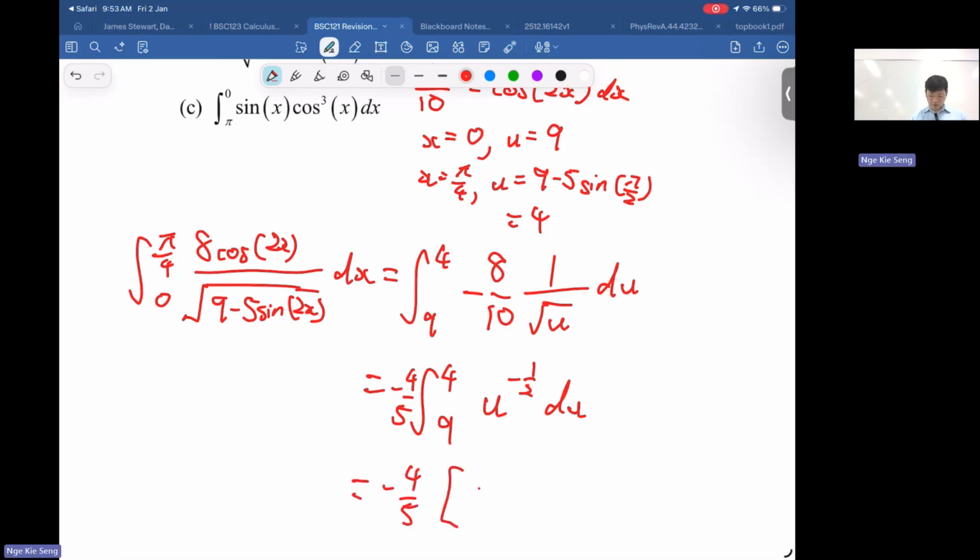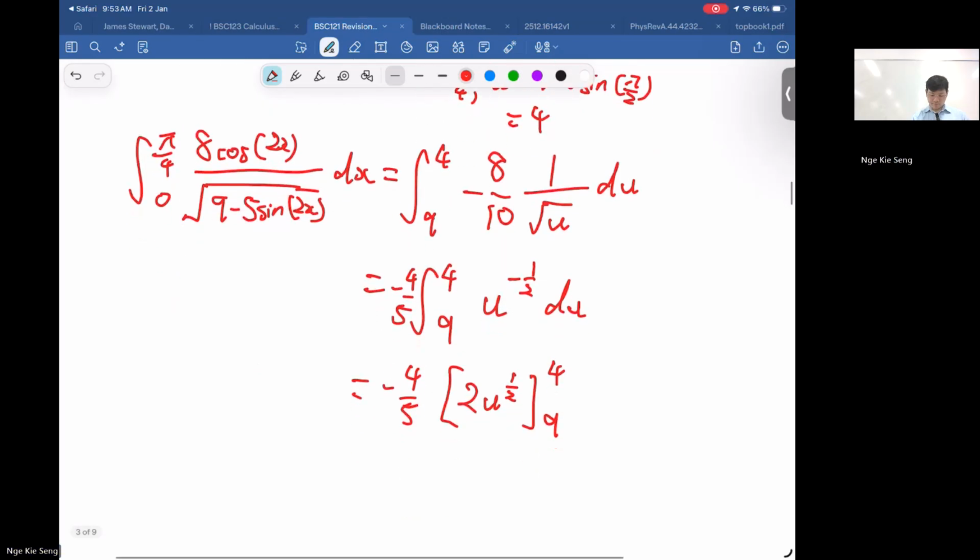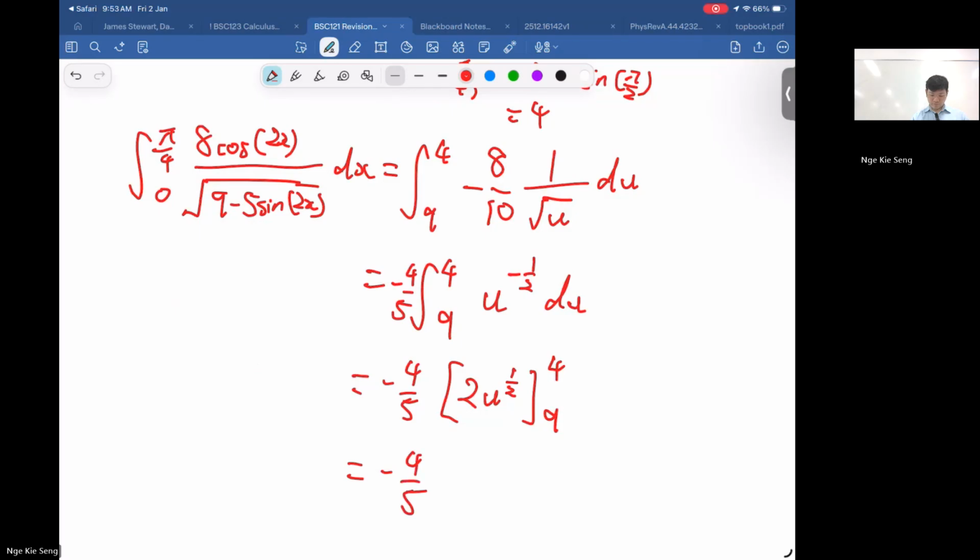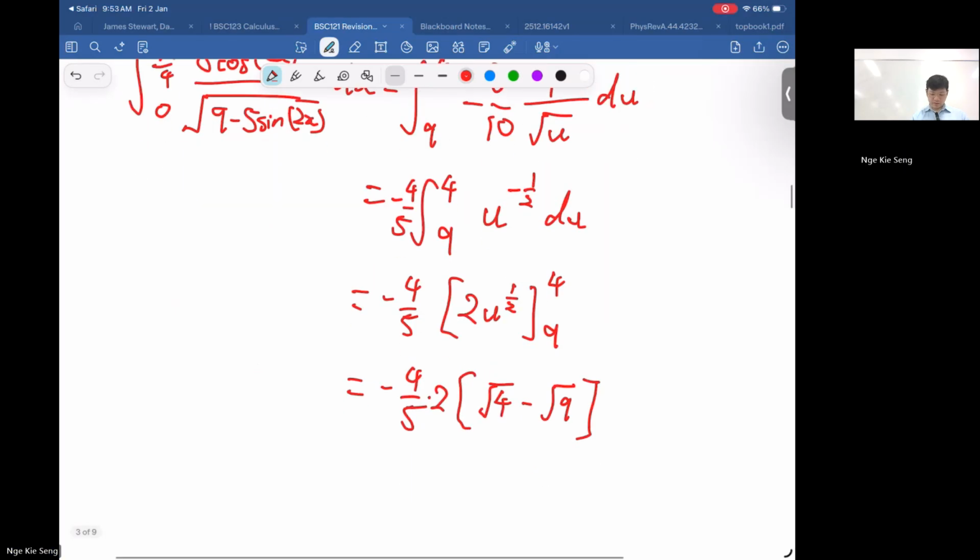So this one we get plus 1 divided by half, 2 times u to the half, from 4 to 9. Maybe we can pull the 2 out again. So square root of 4 minus square root of 9. So altogether we get 8 over 5.